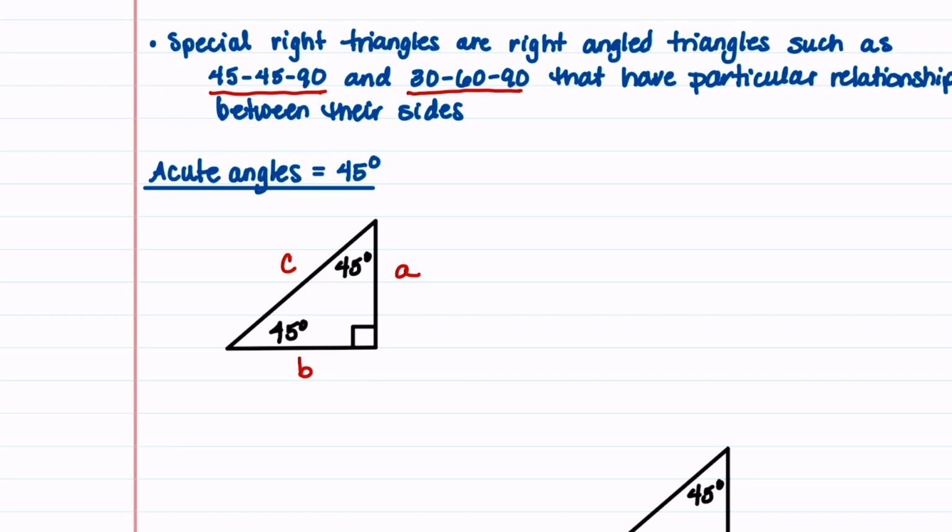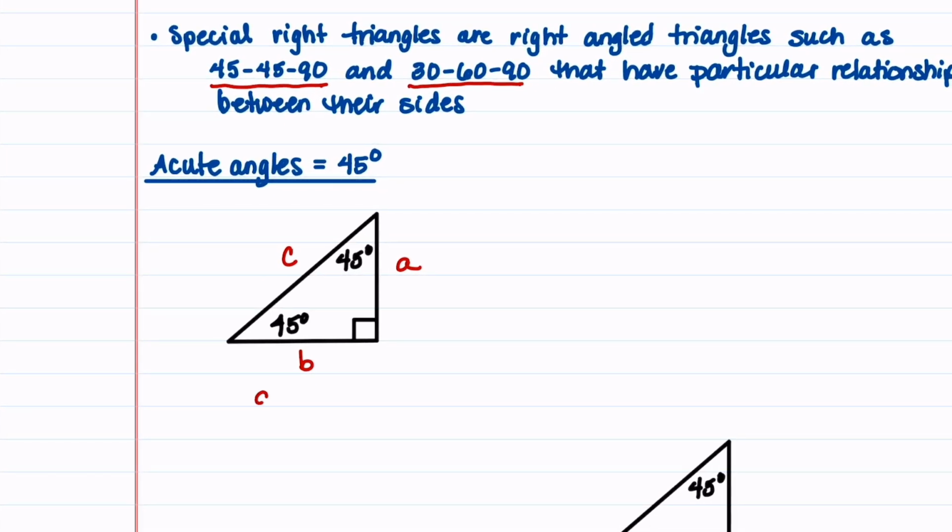The Pythagorean theorem gives us a relationship between all three sides. That relationship says that the leg squared, which will be A squared, plus the other leg squared, which is B squared, is equal to the hypotenuse squared, which is C squared.